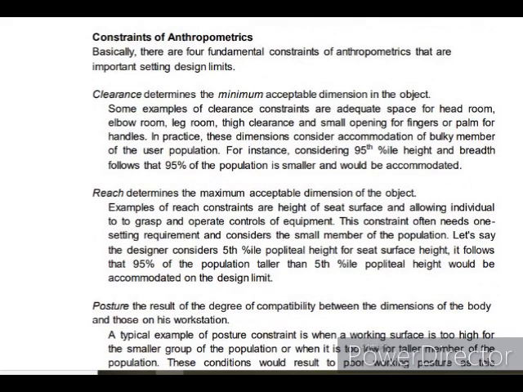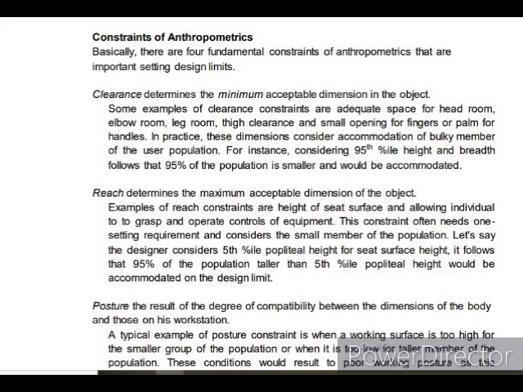Next, constraints of anthropometrics. So what are the constraints or the factors? Basically, there are four fundamental constraints of anthropometrics that are important in setting design limits. So we have four. First, the clearance determines the minimum acceptable dimension in the object. Okay, it should have enough clearance.